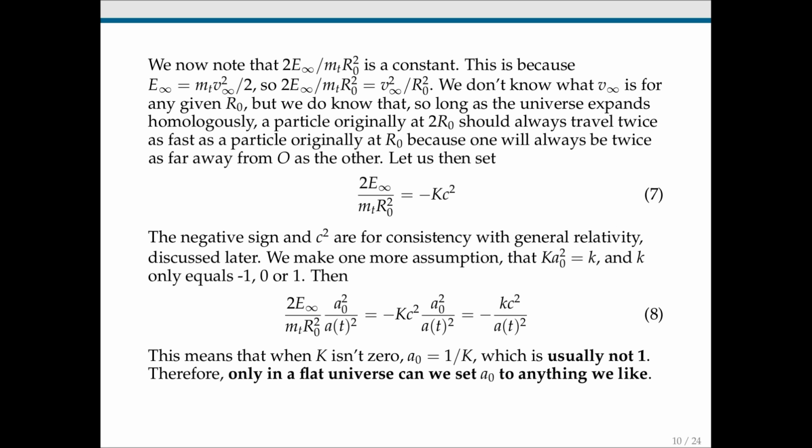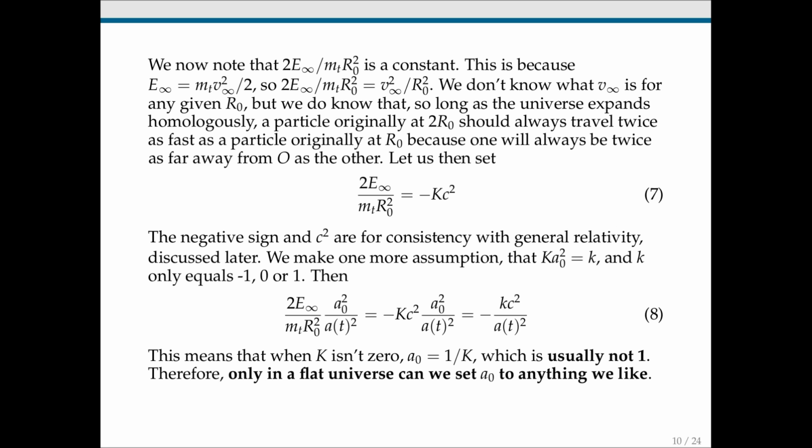So if that's a constant, we can then set 2E infinity over m_t r0 squared equal to negative k c squared. Now the negative sign and the c squared are for consistency with general relativity, and we'll talk about that later. We make one more assumption, which is that K a0 squared is equal to little k, and little k only equals negative 1, 0, or 1. Then we get equation 8.